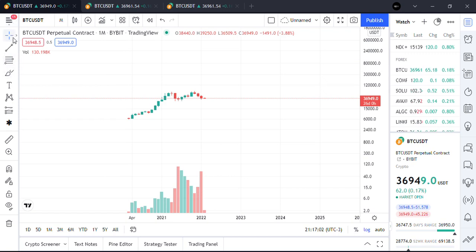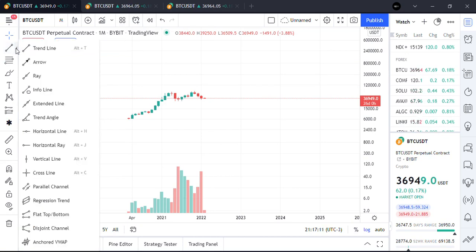Now if you come back to the left hand side of the screen, below this here, you can click on this and you see a lot of tools. For this tool, we're looking for a horizontal line. Horizontal is like a dash. So you can look for a horizontal ray.